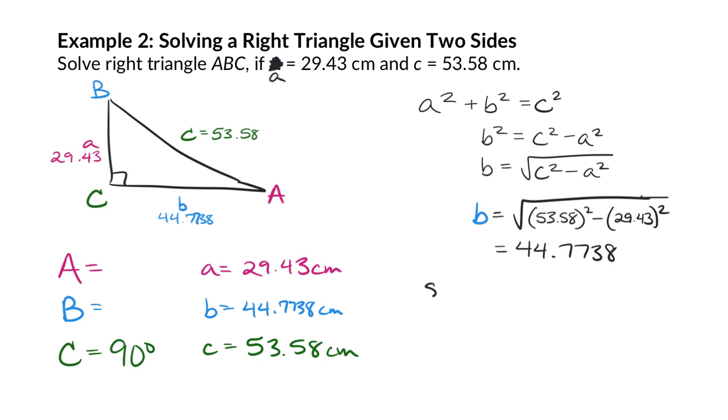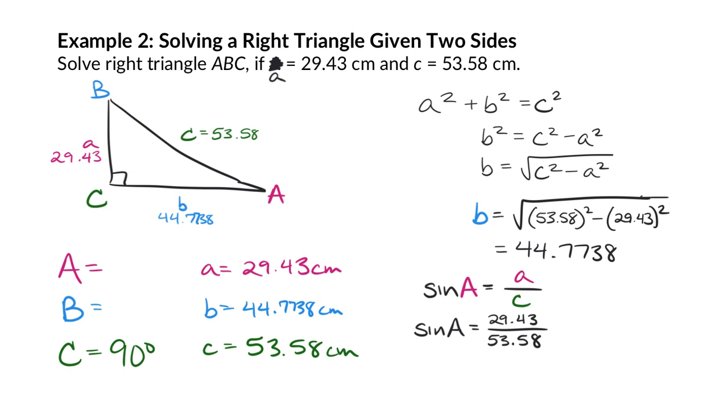If we set up the sine of A, the sine of A is always going to be the opposite over the hypotenuse. What letter is opposite there? Little a. What is the hypotenuse? Little c. So if I fill in what I know, I would say sine of A, I don't know it yet, is equal to 29.43 over 53.58. What am I searching for again in this problem?